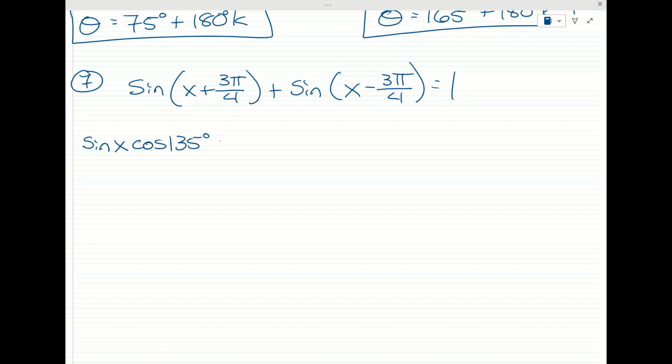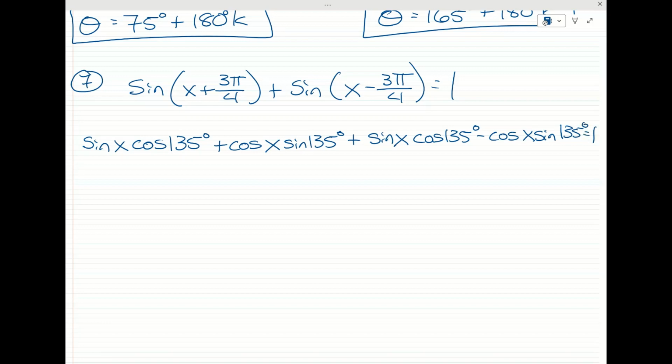And then plus cosine of the first, sine of the second. And then we have to do this piece. When you subtract with sine, it's sine of the first, cosine of the second, minus cosine of the first, sine of the second. We get this huge thing.